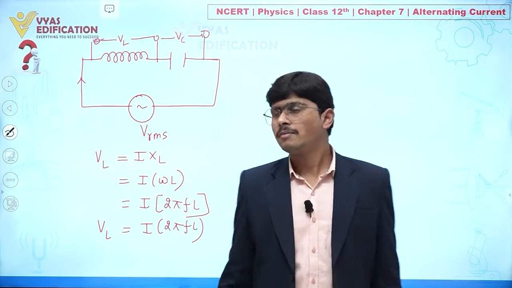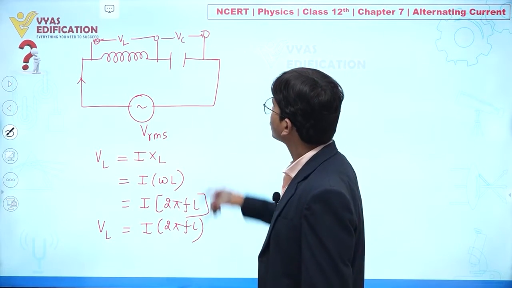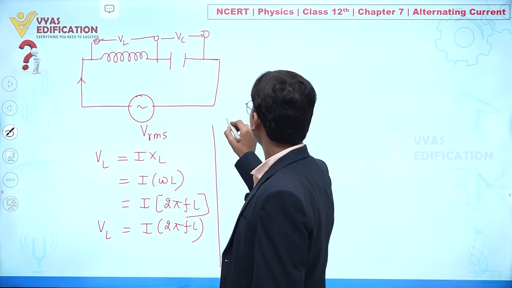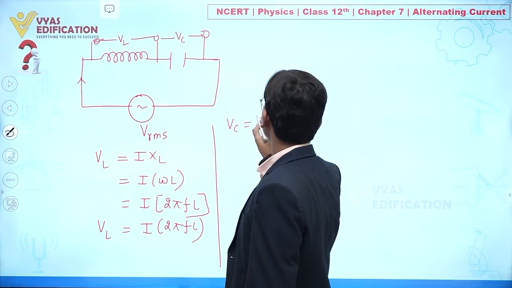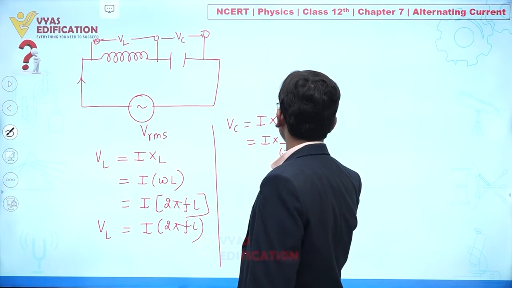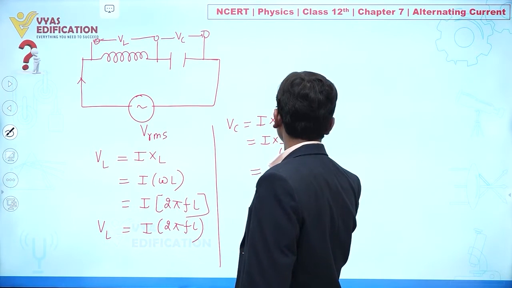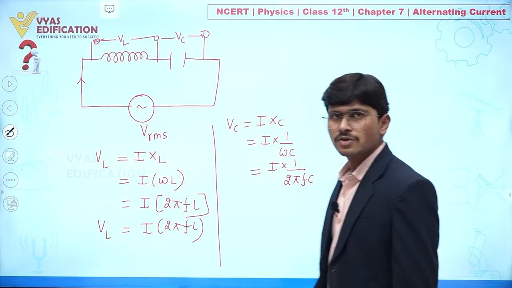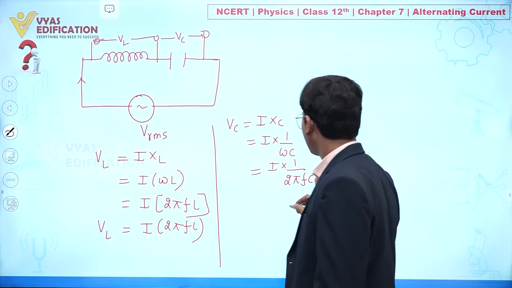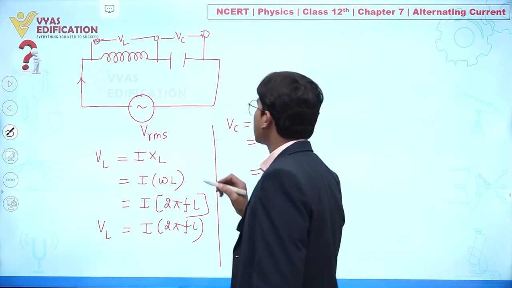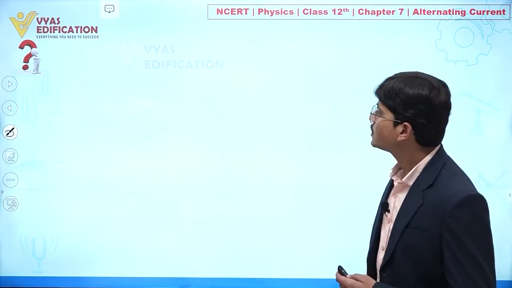But if we are talking about the capacitor, the voltage is given by I times XC. Clear? XC is given by 1 by omega C, so I can say this is equal to 1 upon 2 pi f C. Yes or no? So from here, if we have a certain value of C, definitely we are getting voltage across the capacitor also. Clear? So what is this question?